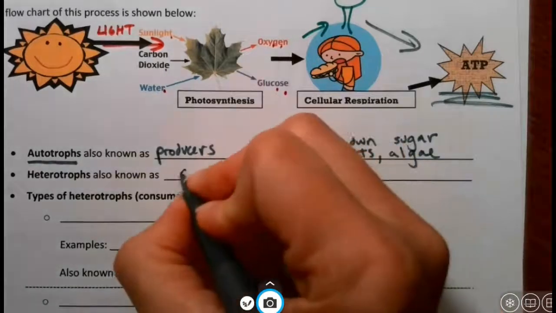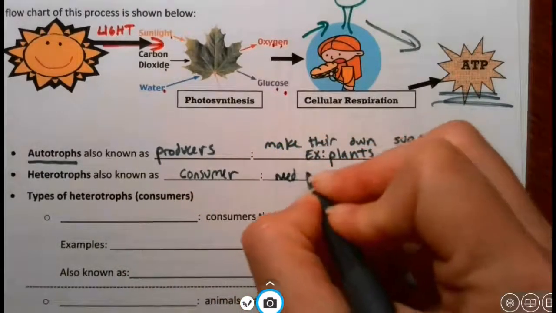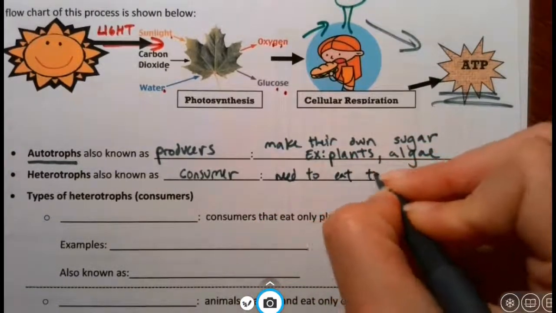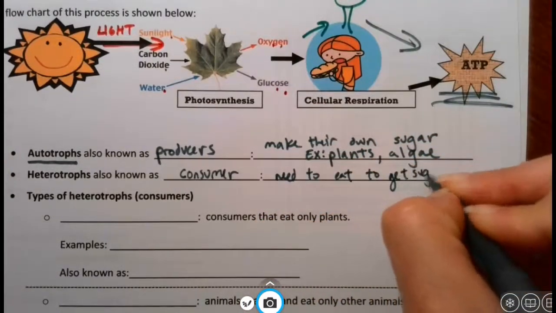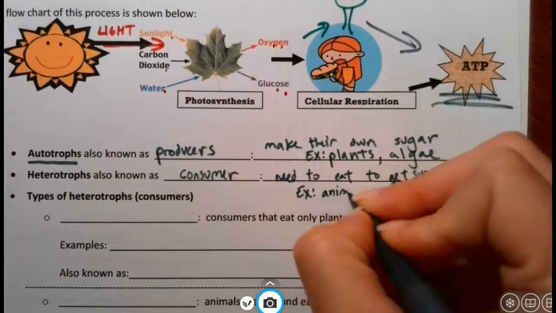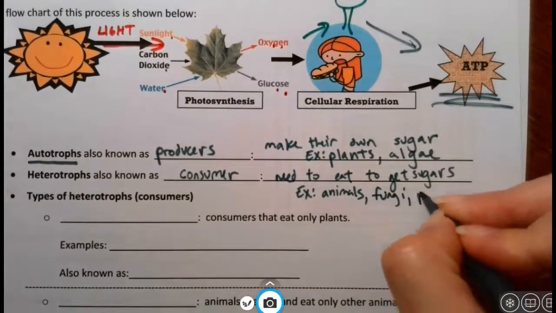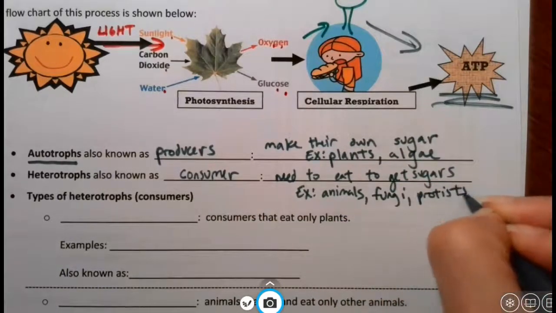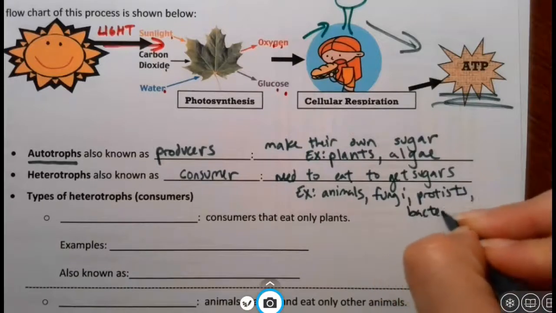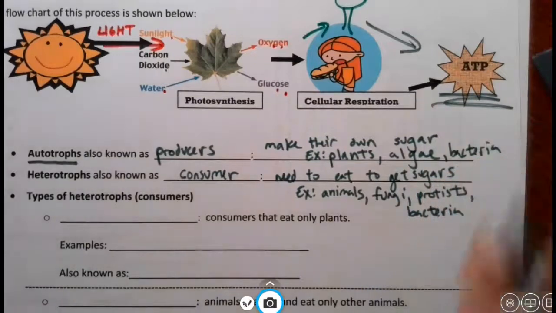Heterotrophs, also known as consumers, need to eat to get sugars. And these, we're talking about animals, fungi, and protists. Some bacteria are heterotrophs, some bacteria are autotrophs, okay?